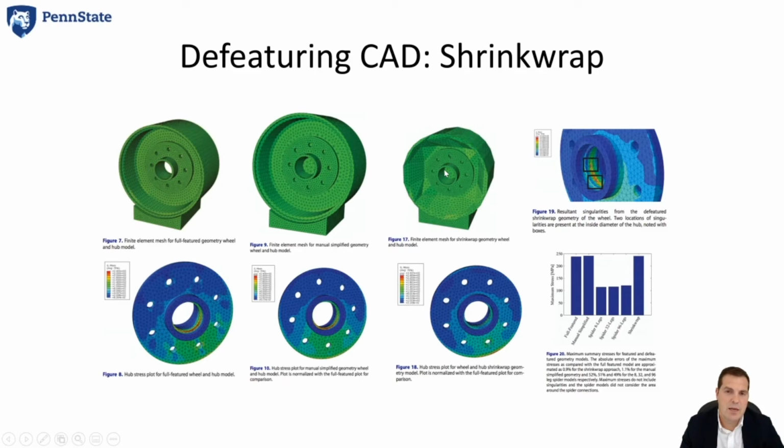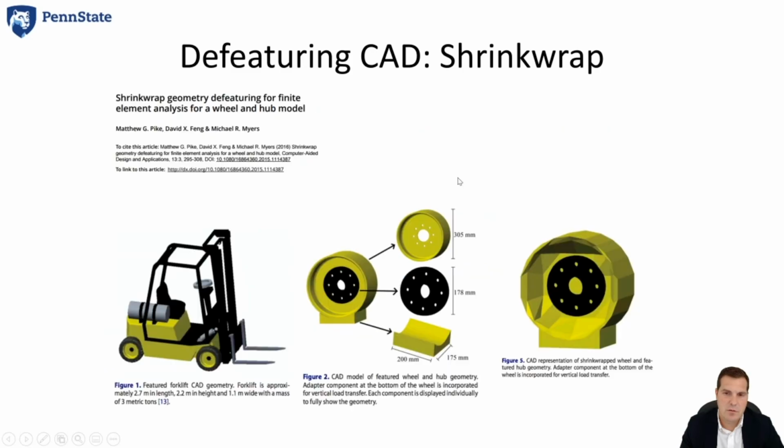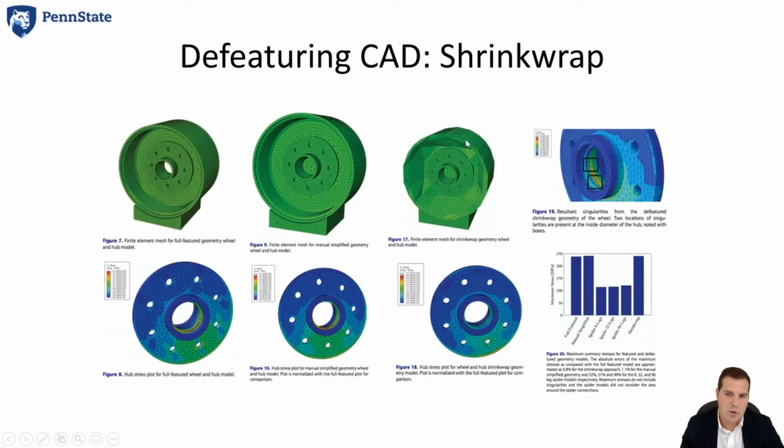Okay, and you can see when they computed the stress, so here's the picture of the shrink wrap version. When they computed the loads, I'm not exactly sure what loads they put on this, but they did still resolve the hub fully. And you can see the stress distributions, this is von Mises stress, in the hub resulting from those three mesh configurations.